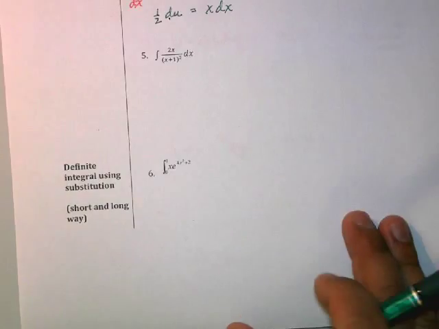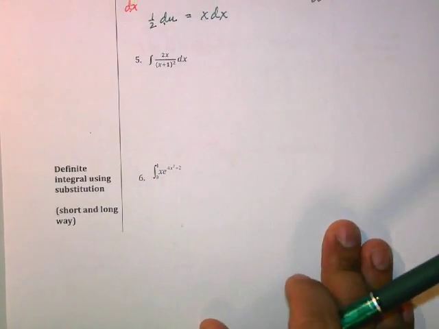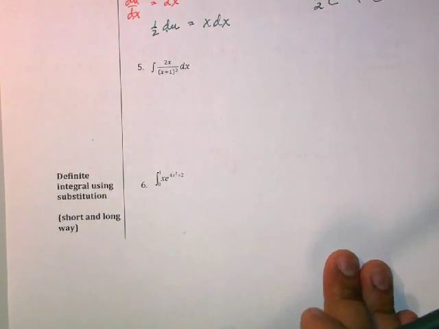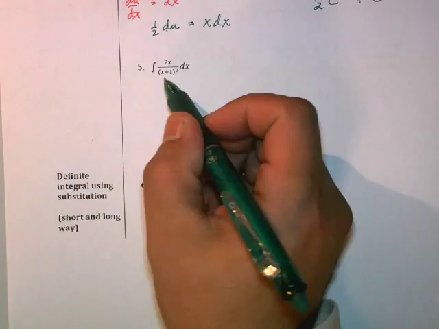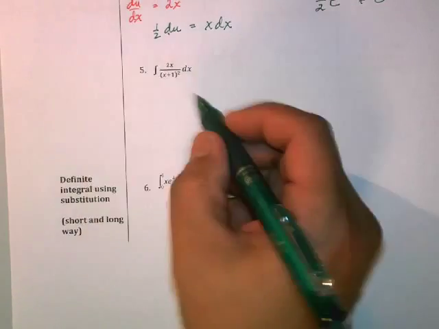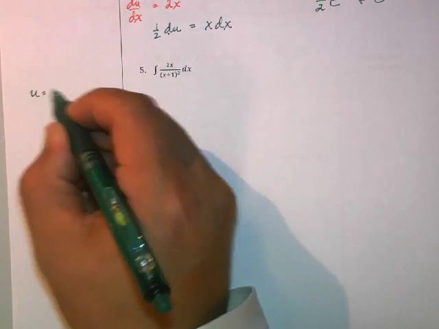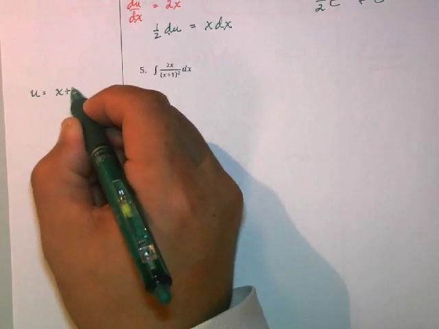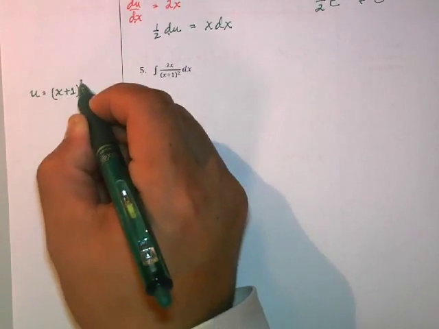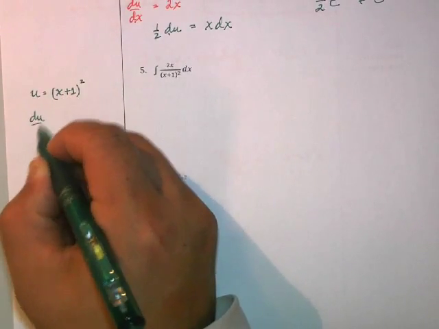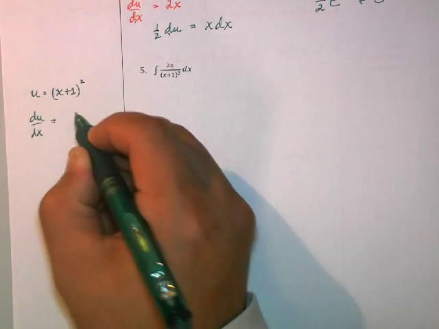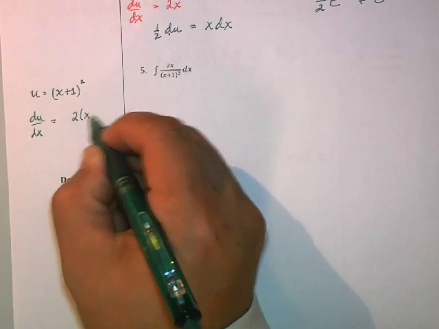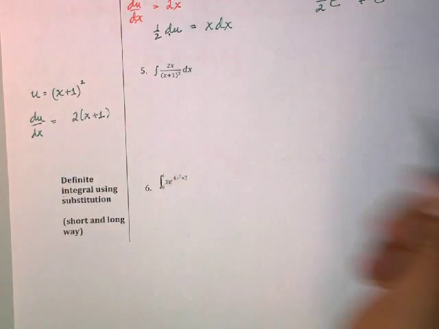Now, a yet trickier example. This one actually looks simple, but it causes some complications. So a natural starting point is to say that u is equal to x plus 1 quantity squared, and that means du dx is equal to 2 times x plus 1.